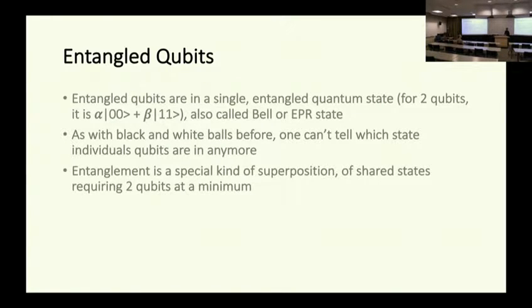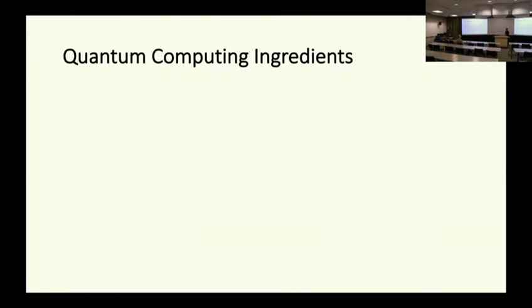So entanglement really is a special kind of superposition where the two shared states require 2 qubits at a minimum. You actually need many more qubits in entanglement to do anything useful, but the other problem with entanglement is it's very ephemeral, as is true with qubits and all of quantum computing primitives. So they die very quickly if there's any kind of noise.